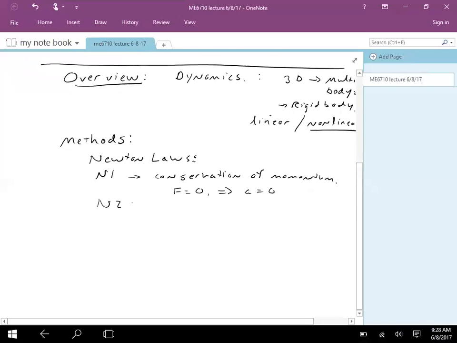His N2, which is sort of our workhorse, says force is proportional to, and we write it as F equals MA. But sometimes you can also think of it, and these are vectors, as the time derivative of a momentum. And of course, these are vector laws. And then N3 is our action-reaction. It's what we use for constraints. N3 is constraints.